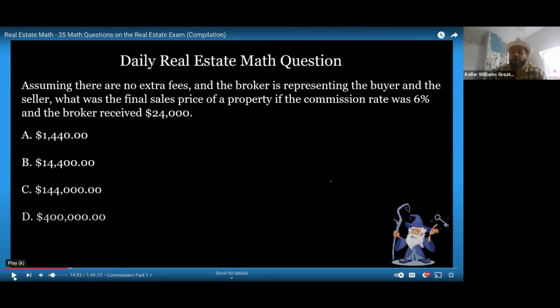Can anyone tell me the formula? We don't have to know the answer. What's the formula? How do you get there?